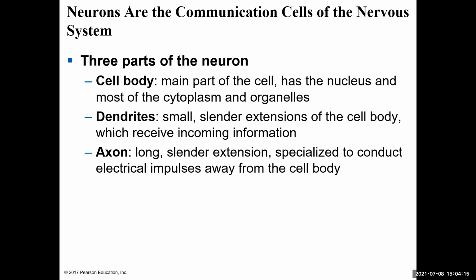And so the cell body is that main part of the cell, right? If you remember, a neuron has this circular structure. That's the cell body. It has a nucleus, the cytoplasm, and all the other organelles. Now, on that cell body, there are little projections that come off.